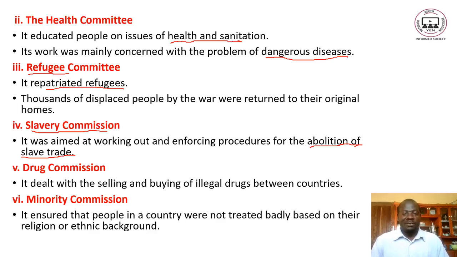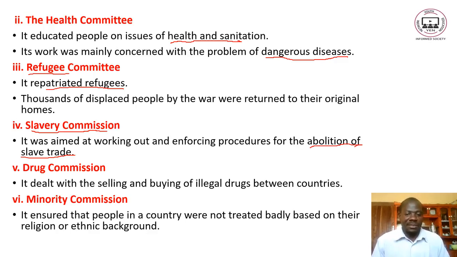But even in the early 90s, it was happening, but in small amounts. So this Slavery Commission was there to completely end slavery, even in its smallest form. No need for slavery to exist. So the League of Nations commissioned the Slavery Committee for that.